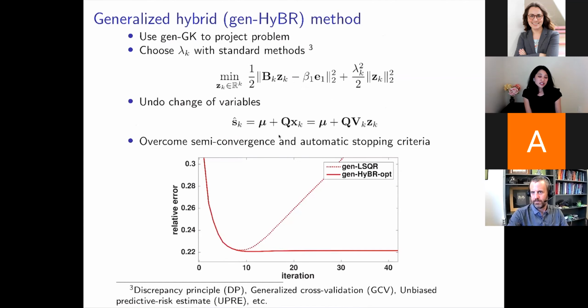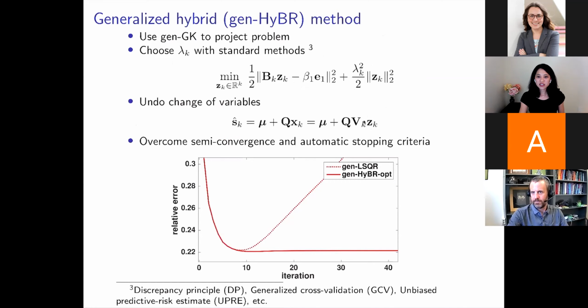The basic idea is that we use this gen-GK approach to project our problem down. This is the same framework. Once I've projected my problem down, I compute the regularization parameter using standard methods, because this is a small problem. I can easily take an SVD of this B sub k here. And once I compute my solution, I just have to work my way backwards.